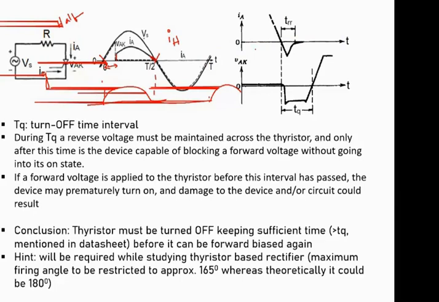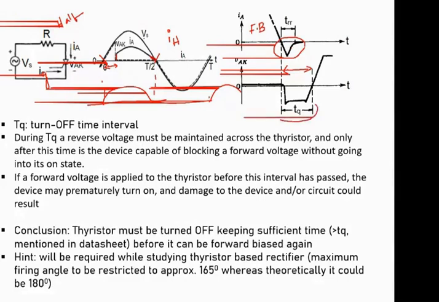During this turn off condition, this kind of phenomenon, which is similar to the diode behavior, will come. One thing you need to note is that before this zone your device was forward biased, and during this zone it is getting turned off.